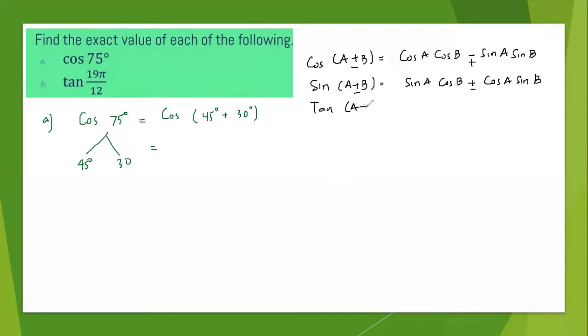Tangent A plus B means tangent A plus tangent B over 1 minus tangent A tangent B, right? So what about negative? When we put negative here, the top is negative and the bottom is positive, right?